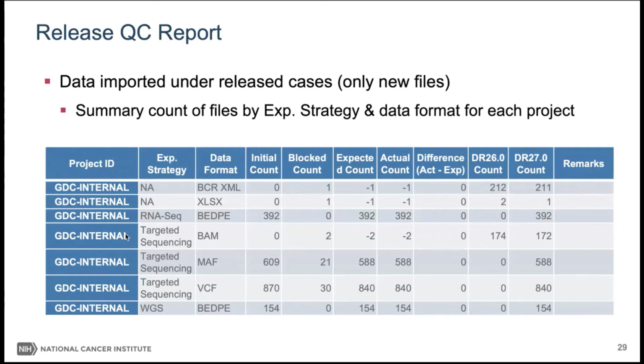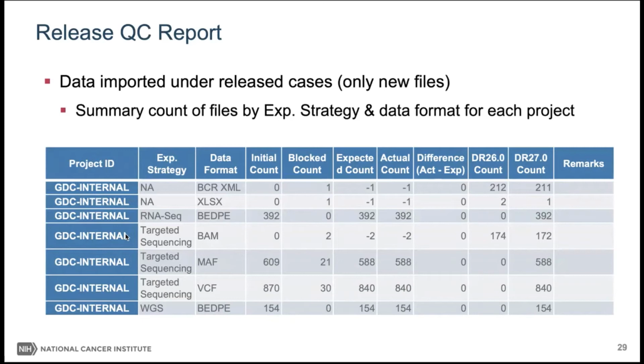The blocked count column is a count of blocked files due to redactions or files not yet ready for release. For example, those files are under pre-release data review. The next column, expected count, is initial minus blocked.